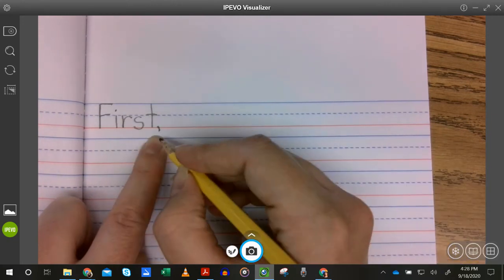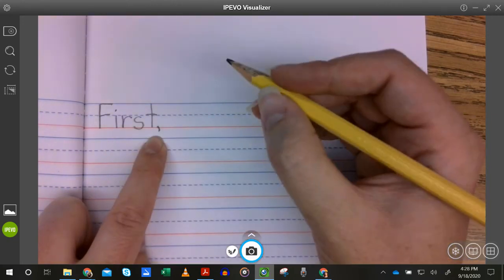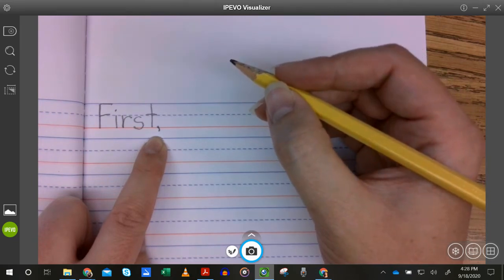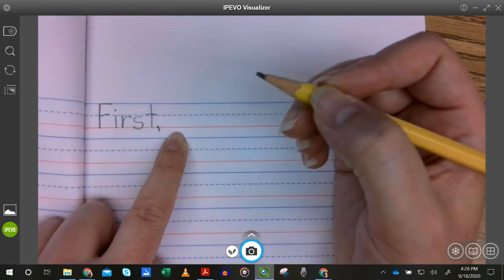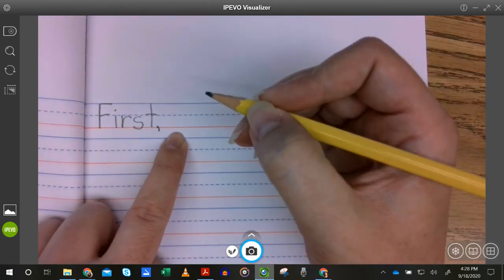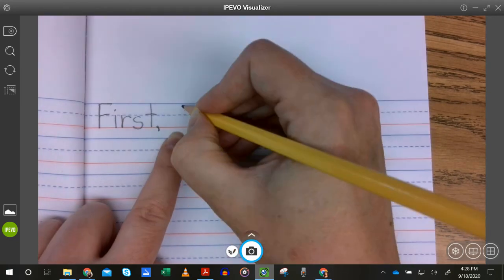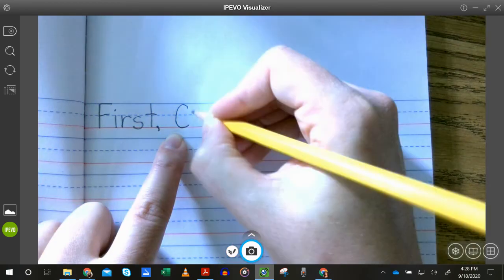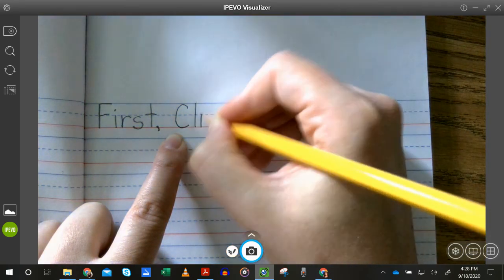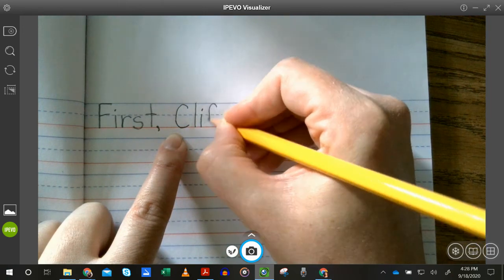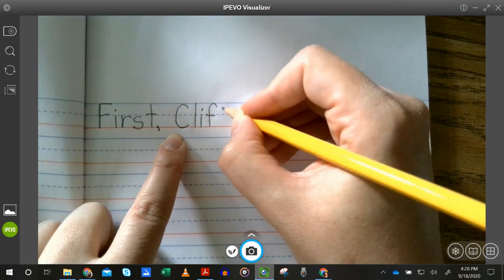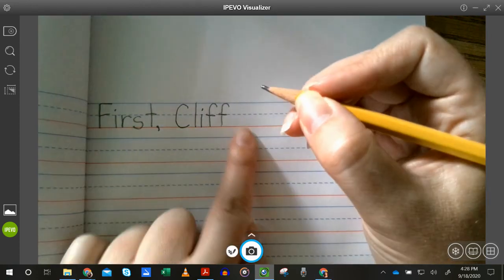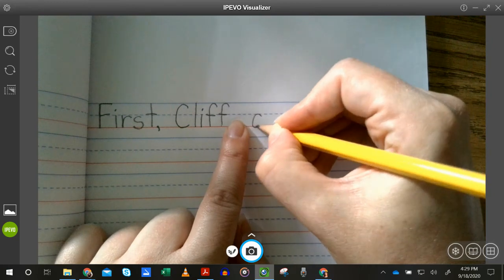So first, comma, what happened? Cliff and Slim try to go in the house. Okay. It's our first time talking about the characters, so we will use their names. Now, Cliff, a name, needs to also start with a capital. So first, Cliff, C, L, I, F, F. Cliff, leave a space, and that's a sight word you should know.